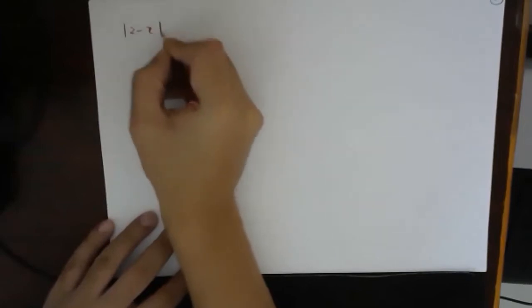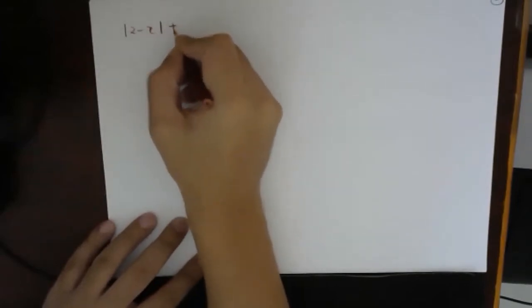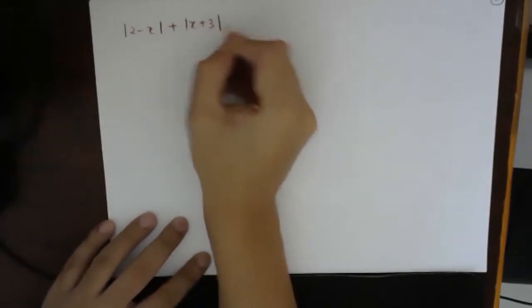Okay, let me see. Acha, this was for... okay, one of you is sharing. Okay, but this you can solve, na? Alright. Okay, show me. Wait, I'll solve. So this is 2 minus x plus x plus 3.